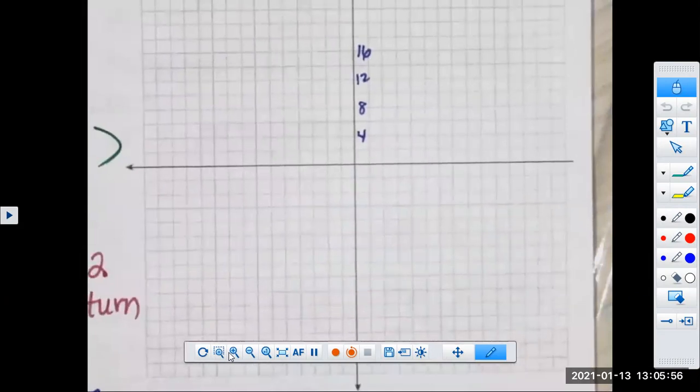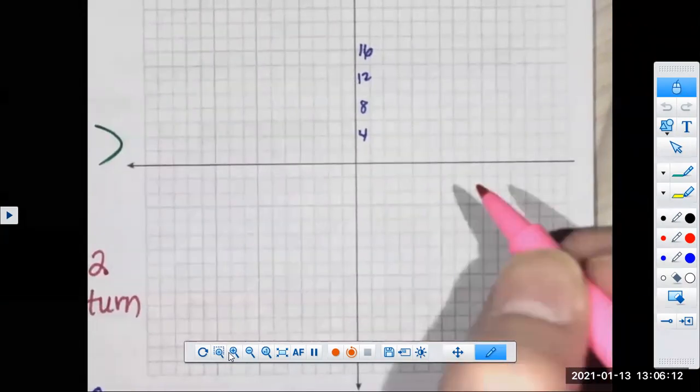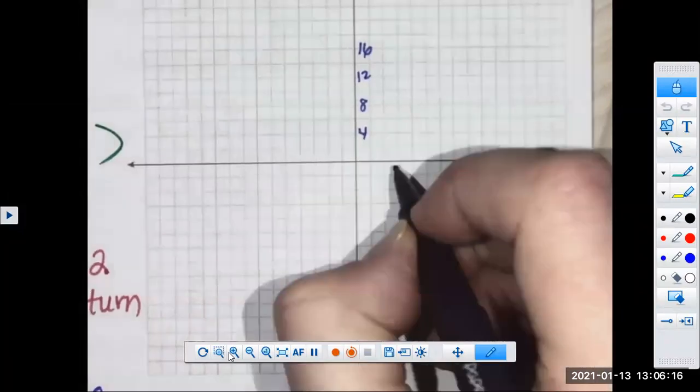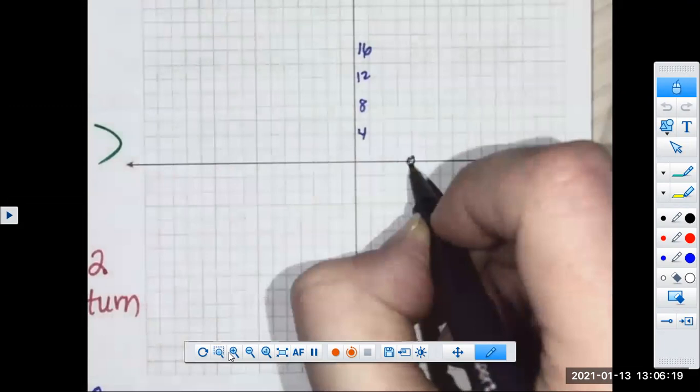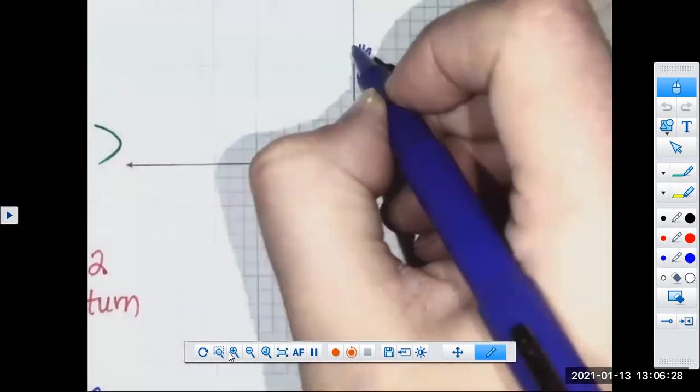Okay, going back to the first thing. You know the end behavior, but we need to plot all of our points first. So let's plot, where did it cross the x-axis? Or where did it touch the x-axis? Your x-intercept is 4. So put a point on the x-axis at 4. The other point was your y-intercept, which is 16.